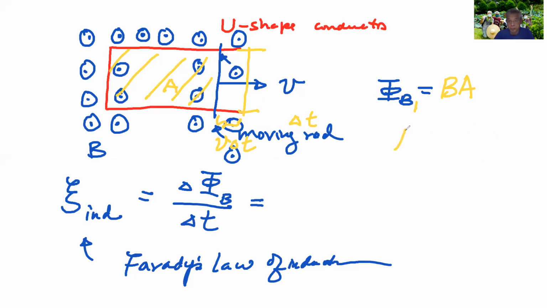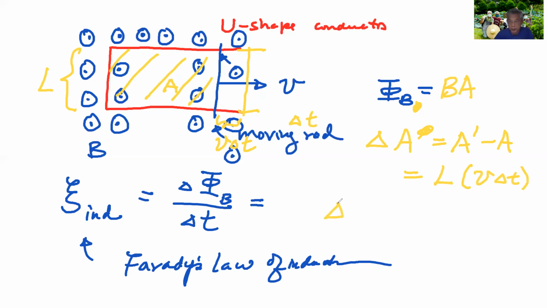Let's call that A prime, which is this length plus that. So delta A is A prime minus original A. And this length here, we're going to call that L. So delta A is L times the distance here, which is v delta t.